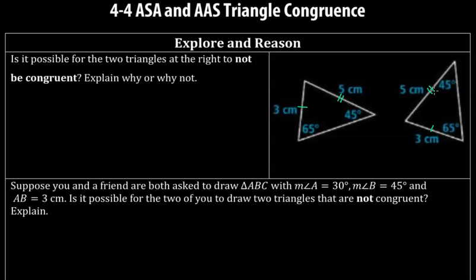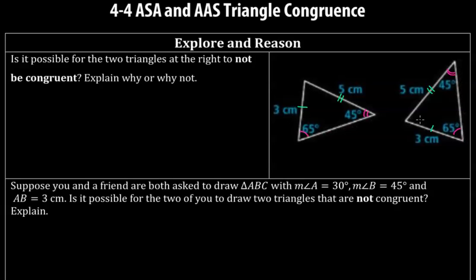So we know that those two sides are congruent. We have a 65-degree angle here and a 65-degree angle there. So those angles are congruent. And we have a 45-degree angle here and a 45-degree angle here. So 4 of the 6 measurements are the same. So that leaves only 2 possibilities for ones that could be different. Either this angle and this angle have to be different, or this side and this side have to be different.